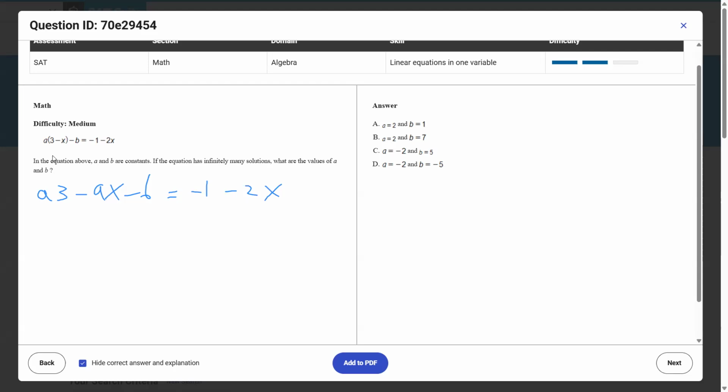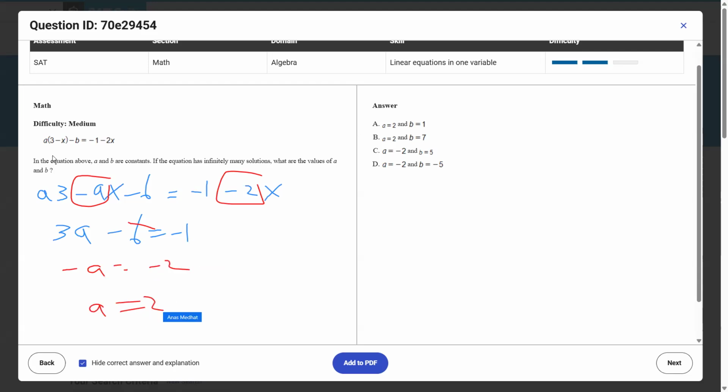The things that are not beside the x should be equal, like 3a minus b is equal to minus 1, and the things beside the x should be equal, like minus a and minus 2. So minus a is equal to minus 2. From this we know that a is equal to 2.